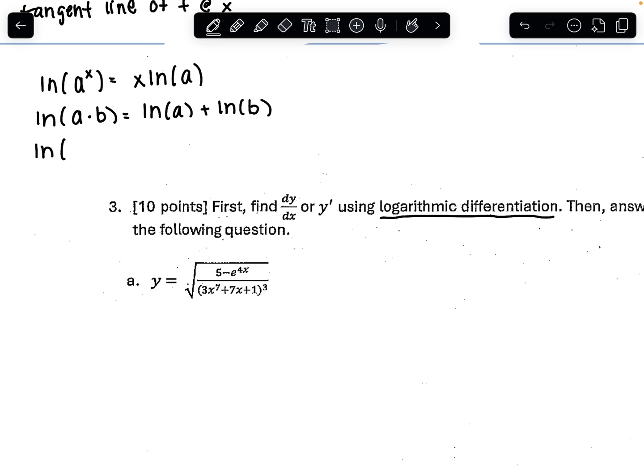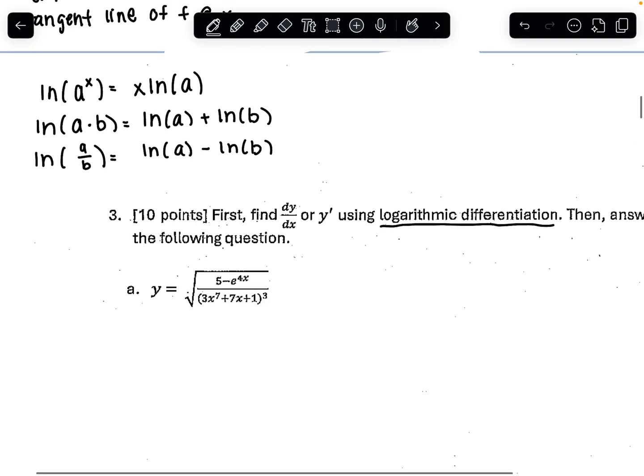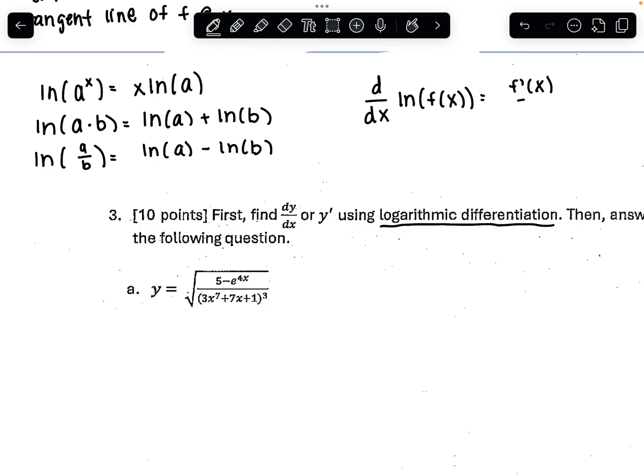And if I have two things being divided in a log, I get their difference. This is just the algebra we need, the pre-calc. And the only piece of calculus we need is that the derivative of natural log of a function is equal to f prime of x over f of x.